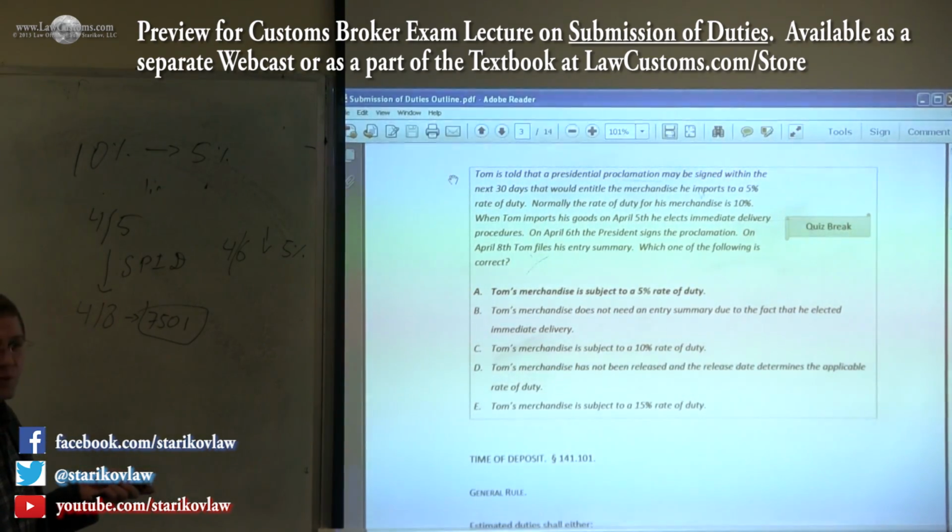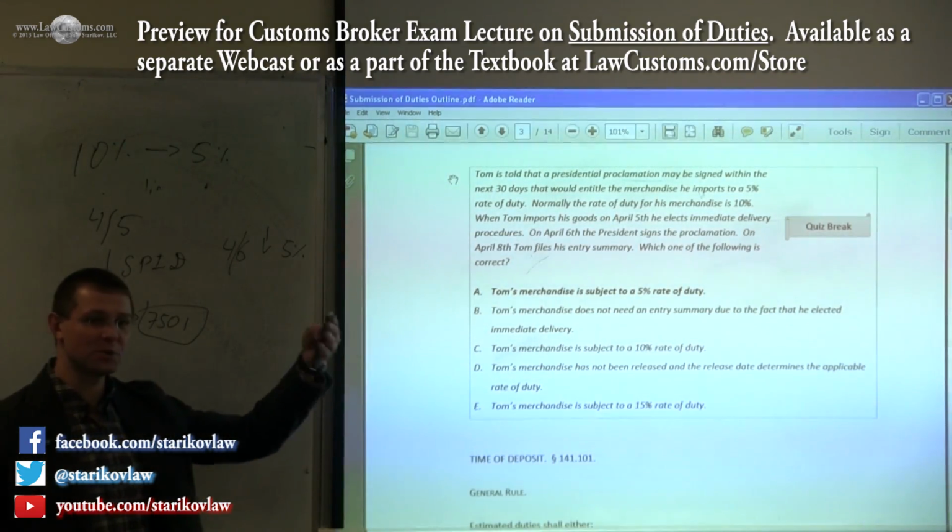So this means Tom's merchandise is subject to 5% rate of duty. Remember I said I think customs is saying that. The reason I say I think is because it presumes that the presidential proclamation is not retroactive.